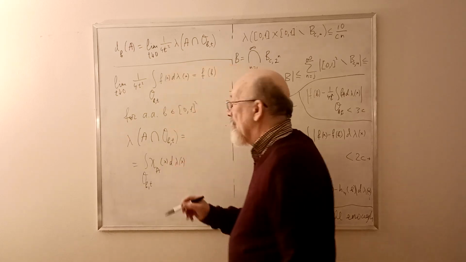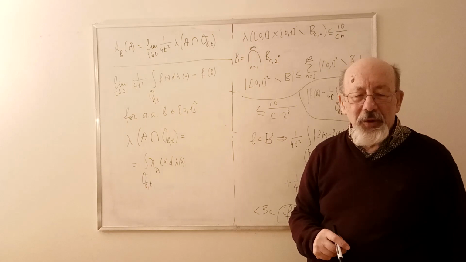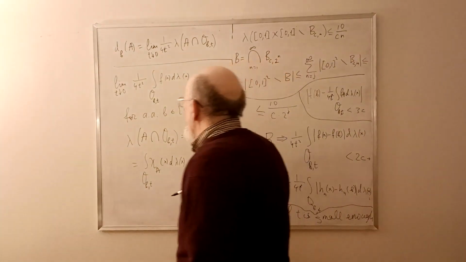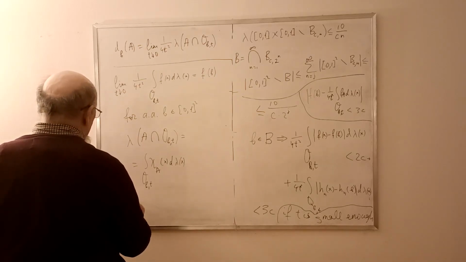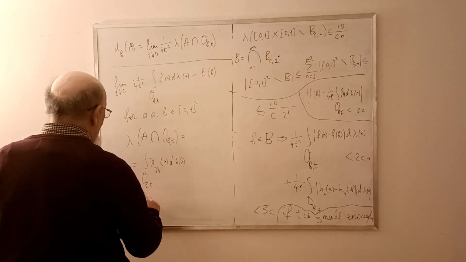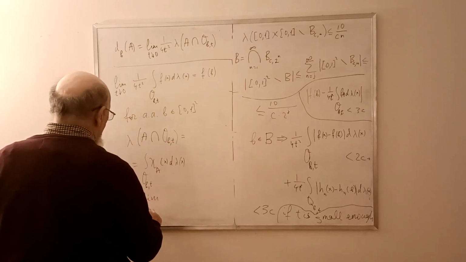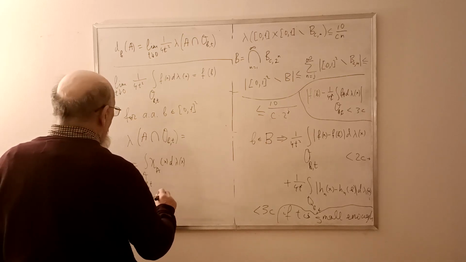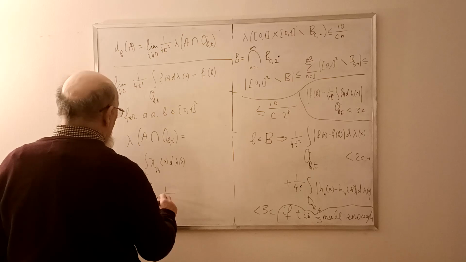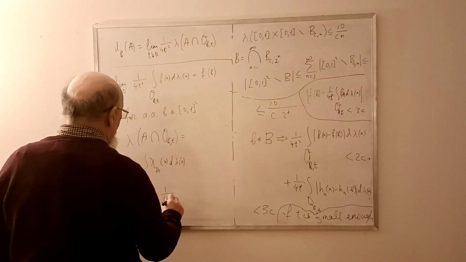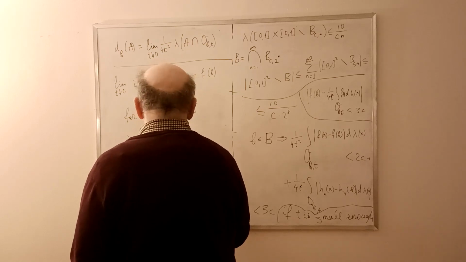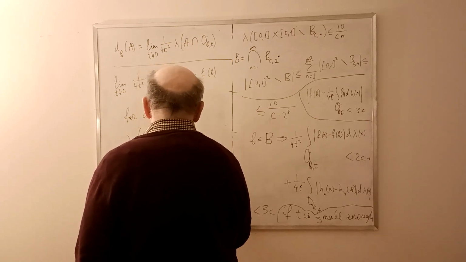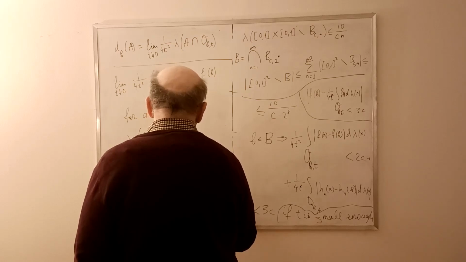So it is also a measurable function, and so the density at b of A equals the limit when t goes to 0 of 1 over 4t squared, integral over O(b,t) of the characteristic function of the set A of x, d lambda of x.